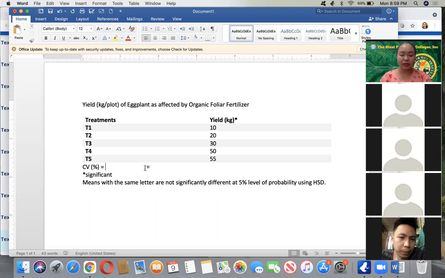Let's say you have 1.5. It means only 1.5% variation, so your research is really very reliable. But if the variation is 100% or 90%, that is a large variation, so you would doubt whether it is really reliable, because the variation is so big. So that is how it goes.